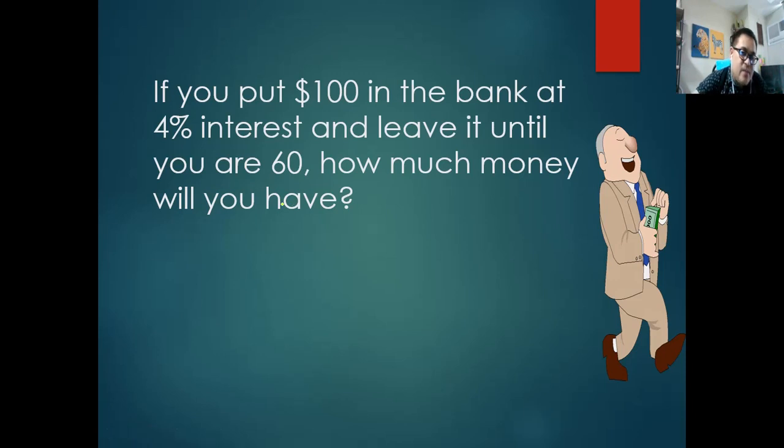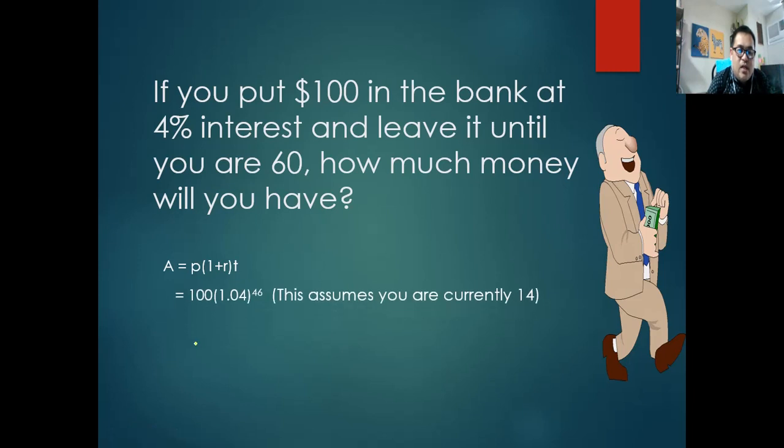So another example: if you put $100 in the bank at 4% interest and leave it until you are 60, how much money will you have? Of course, using the formula, A is equal to P times 1 plus R raised to the time.